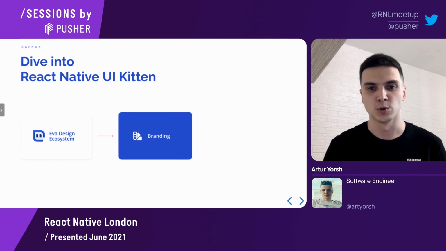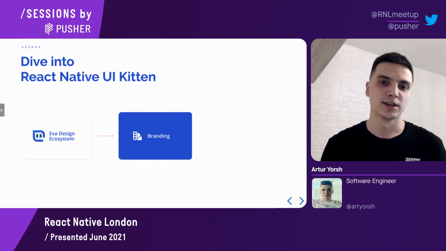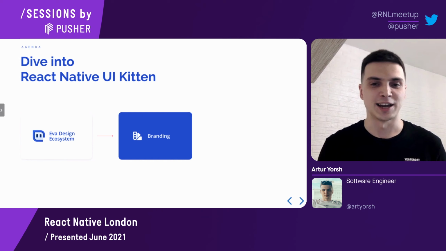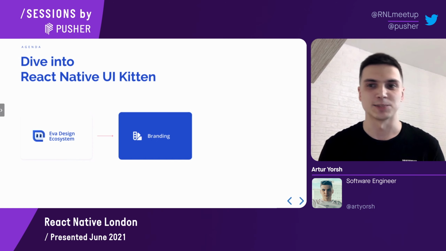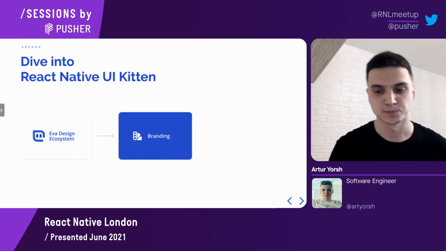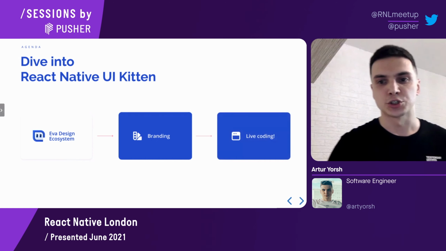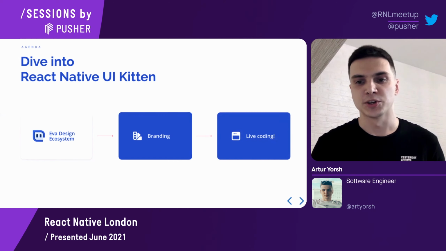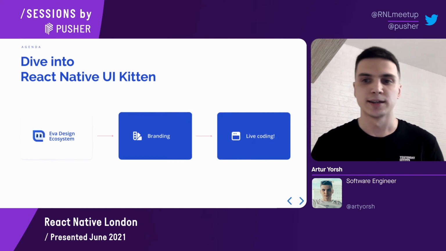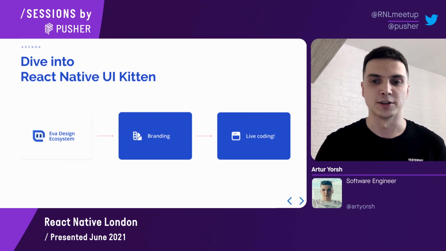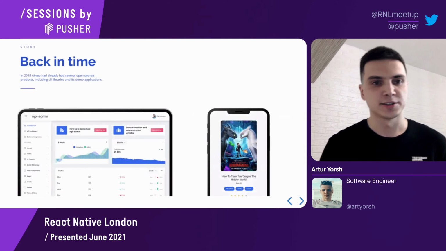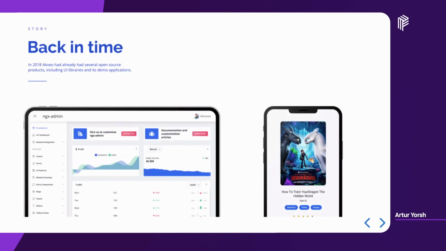I'm going to show you how we can use those products in our app to build more exciting and better-looking user interfaces by making them more branded and customized for the needs of our customers. And lastly, I'll show you some great examples of how we can integrate some third-party libraries with our products. But before we start, let me tell you a quick story.